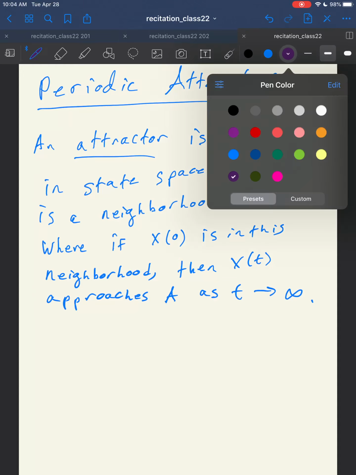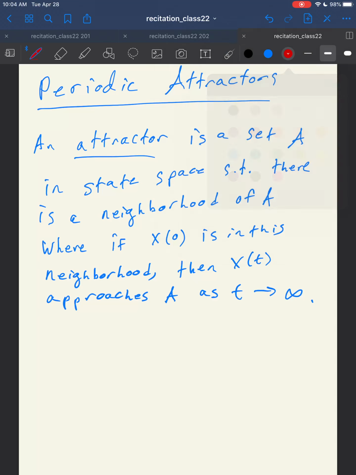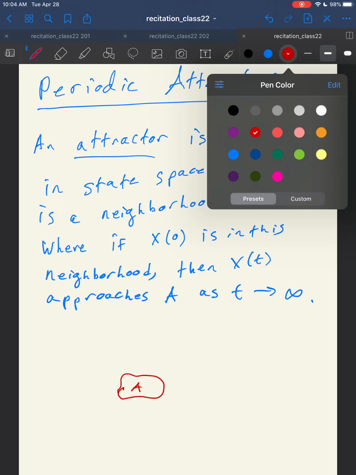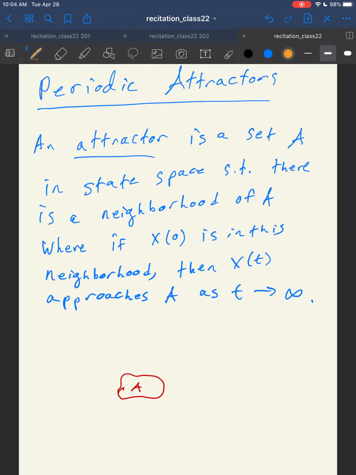Right, so what this means is we have some set, let's say it can be a weird looking set, so let's say this is our set A. Then there's going to be some area around A, so let's say this is our neighborhood.